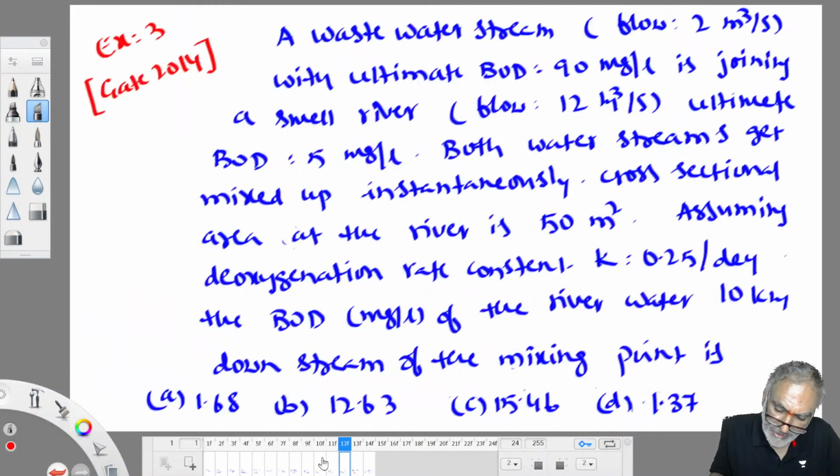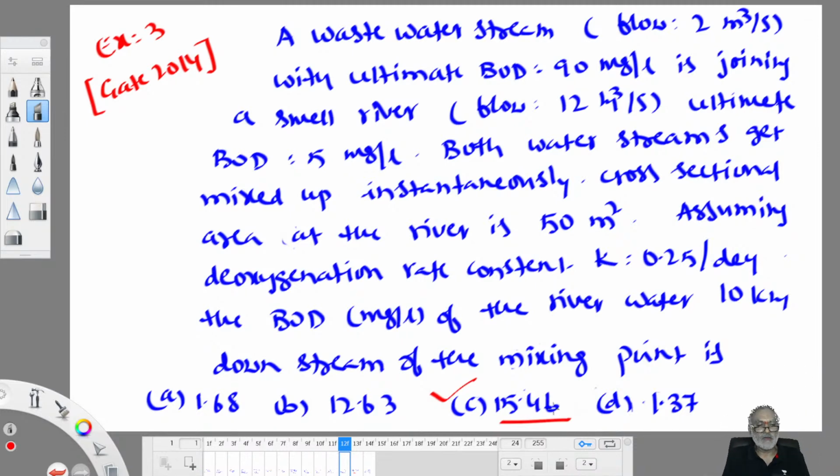So let us see whether the options are there or not. 15.46 option is there. So C option is matching. So that is how we can work out. Clear this question? Very good question this is.